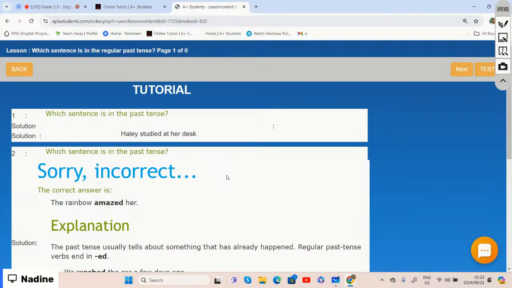So we said some of our words end with an ed, some words end with a d, and it depends on the specific word and how it changes.